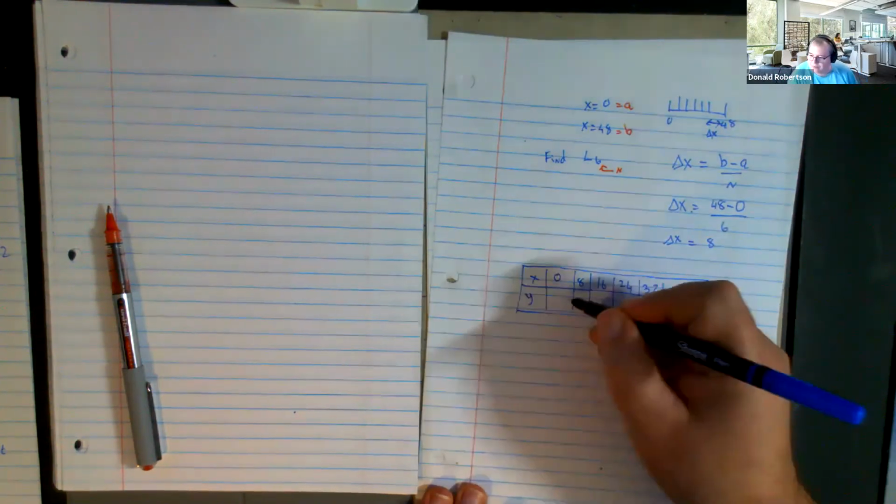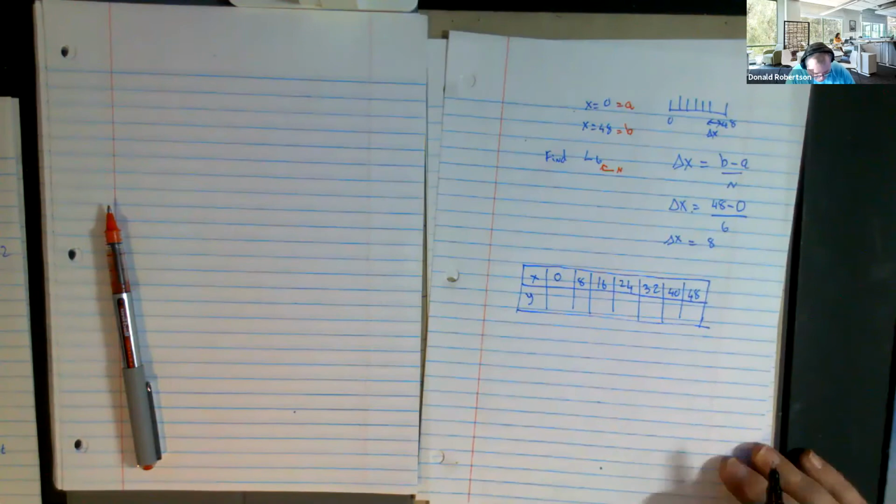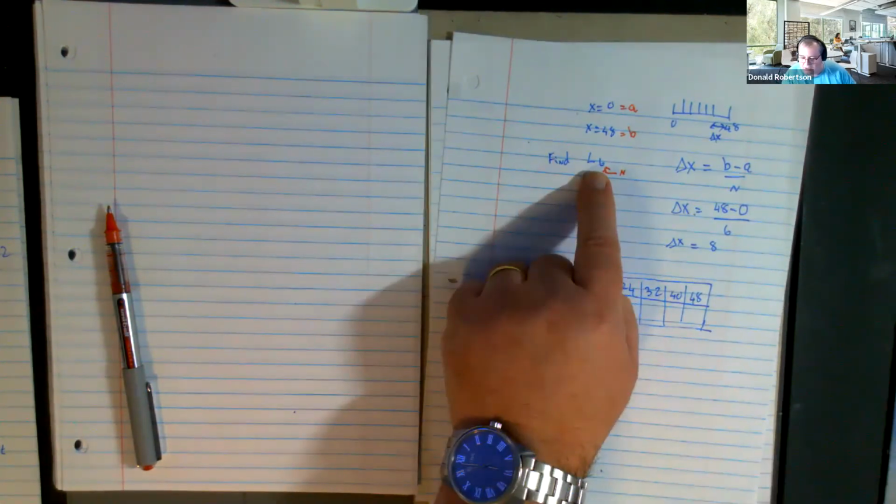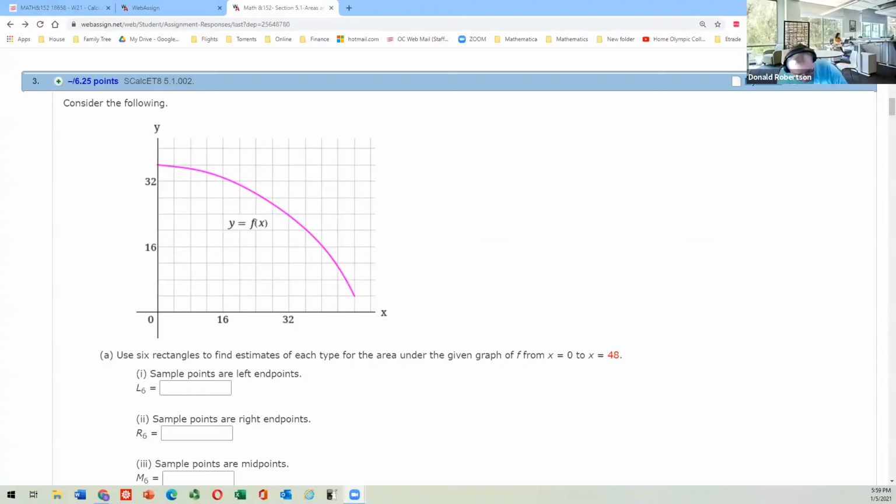Now I need to get the y values, because once I've got that table, then I can find L6, right? So now the awkward part. If this had been a function like x squared, wouldn't I just do 8 squared, 16 squared, 48 squared on my calculator and I'd get the exact answers, right?